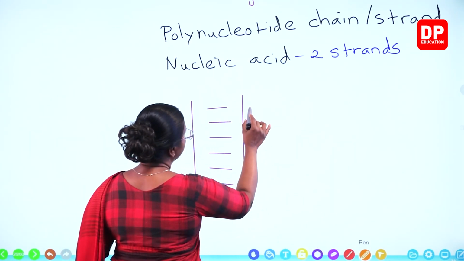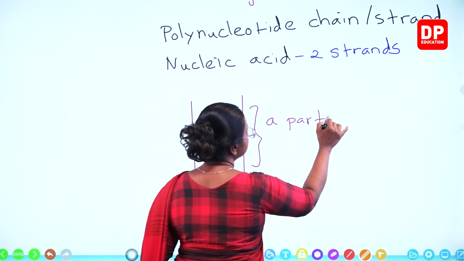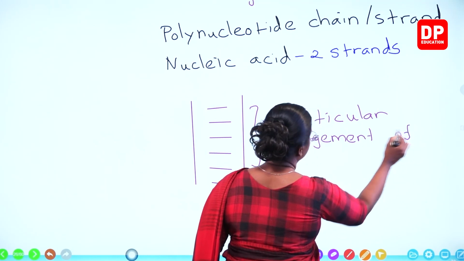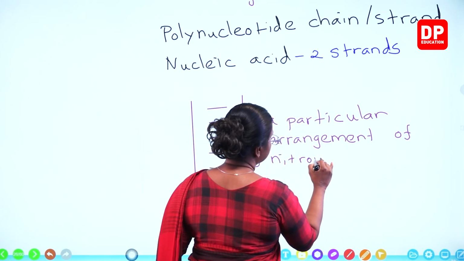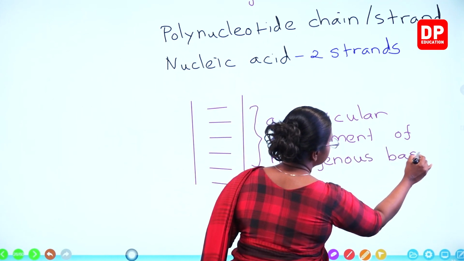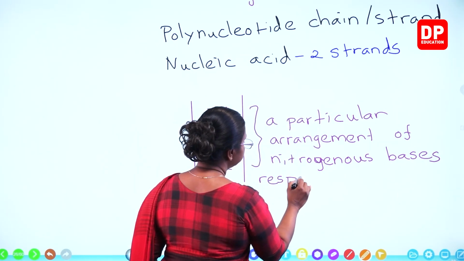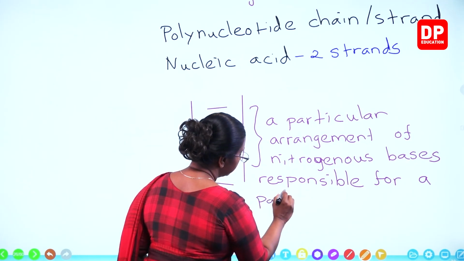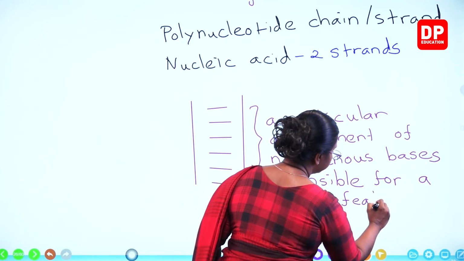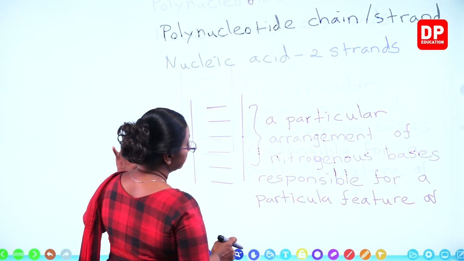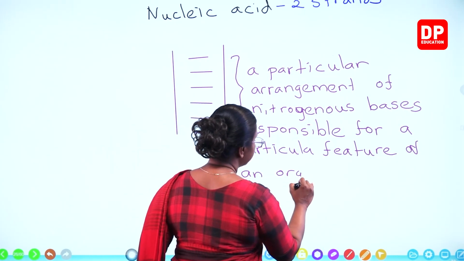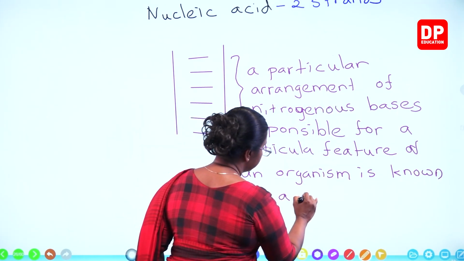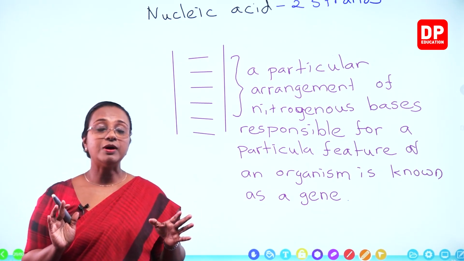So a particular arrangement of nitrogenous bases responsible for a particular feature of an organism is known as a gene.